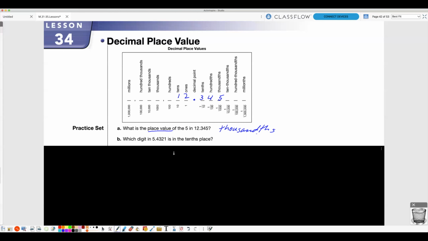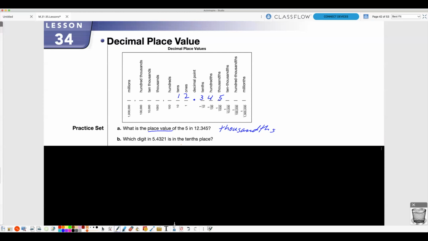Letter B, which digit in 5 and 4,321 10,000ths is in the tenths place? So if you were to look at that on your place value chart, that would be like this.